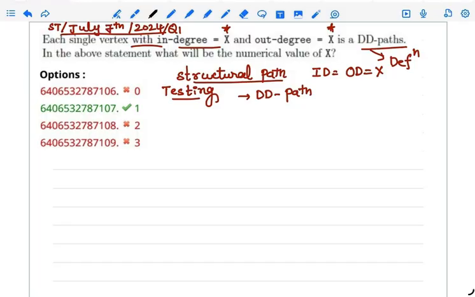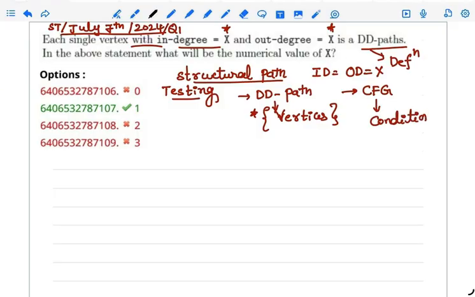So what is a DD path? It is a set of vertices, please remember, not edges, that is a set of vertices represented with integer numbers. In a control flow graph, a set of vertices satisfies some conditions.